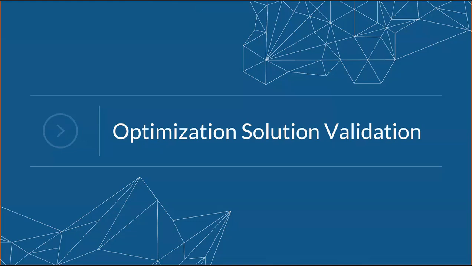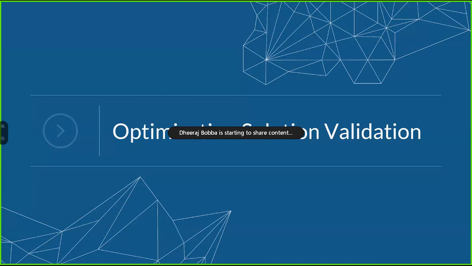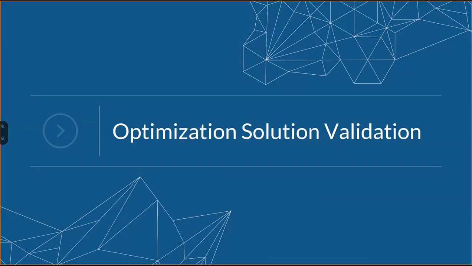Thank you, Adarsh. So as Adarsh was mentioning, initially the optimization process itself takes this as a black box, and it's looking at the input variables and the output values.